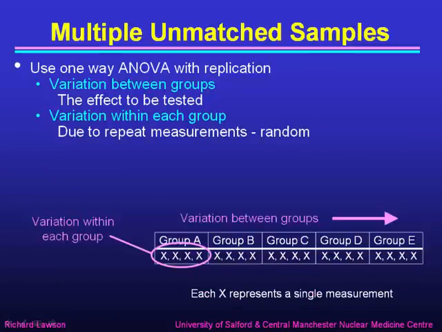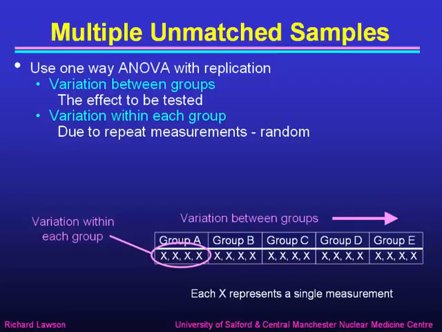If you're doing multiple unmatched samples, then you use the one-way analysis of variance with replication. The variation between groups, like between group A, B and C in this example, is what we're trying to test, and the variation within each group, like the 4 measurements within each group, are due to repeats.